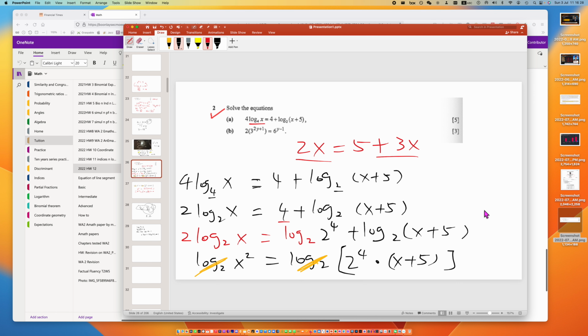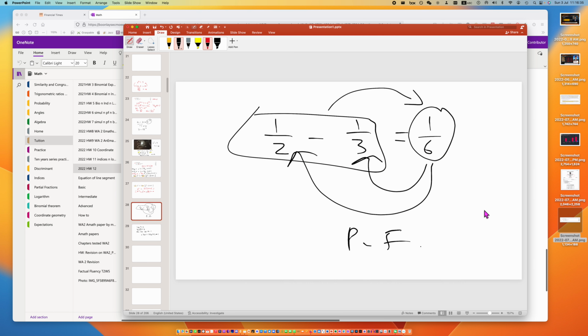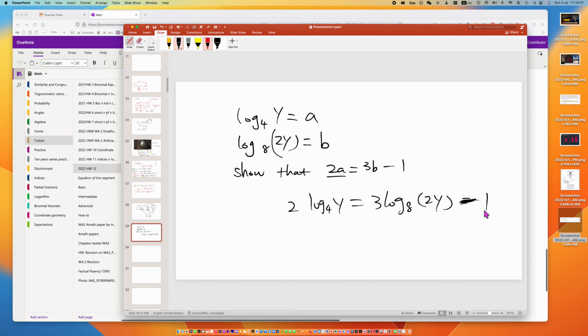But isn't it already the same? Yes, that means shown. You have to prove that this side is equal to this side. You are doing the proving now. Because 2a equals 3b minus 1 does not look the same.